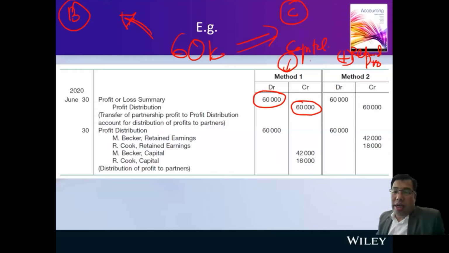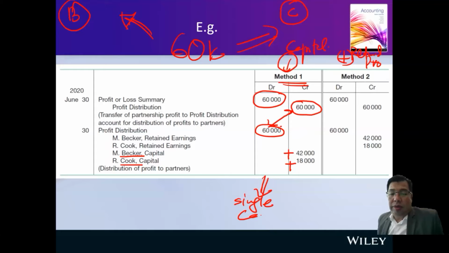If you are using a single capital account, I'm going to credit the capital for Backer 42,000 and credit the capital for Cook 18,000, and we close our P&L distribution. So this is method number one, that is the single capital account.